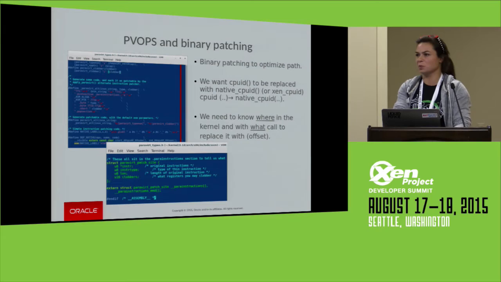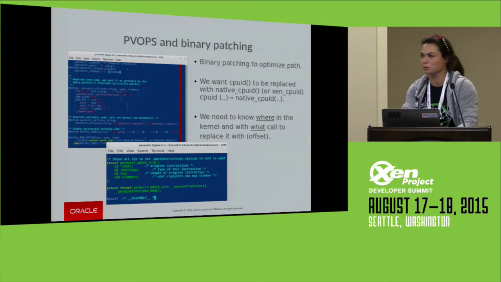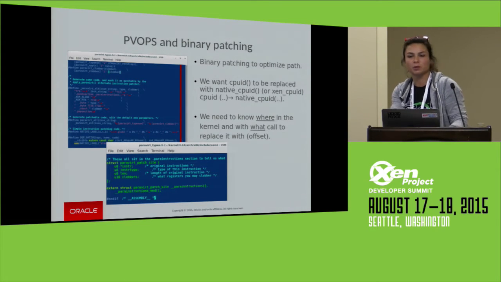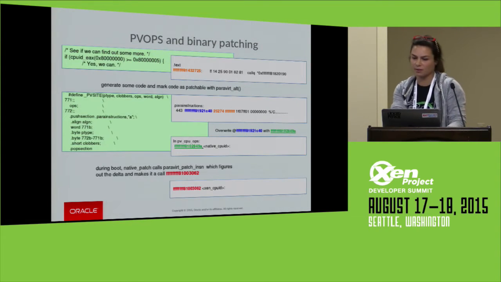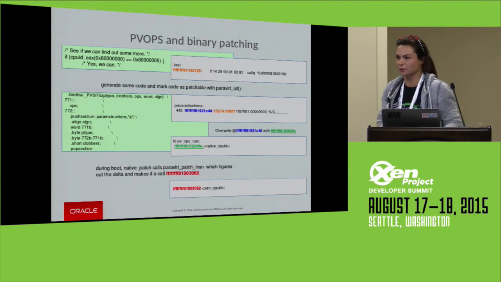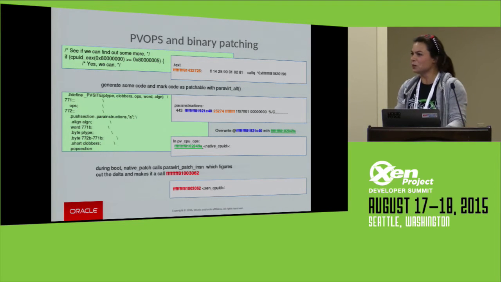If the paravirtualized guest runs under Xen, some of the low-level operations will be converted into function pointers, and they will be replaced during runtime with Xen versions of the operations. This is an example with CPUID.